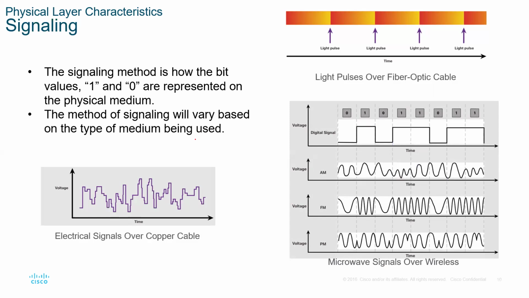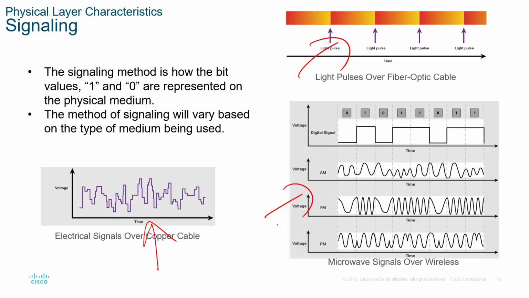It can be electrical signals, optical signals, or radio signals, which are electromagnetic waves. What's the method that we are using to represent our signal? It can be microwave, optical fiber, electrical, or radio waves. Basically, that is what signaling is.